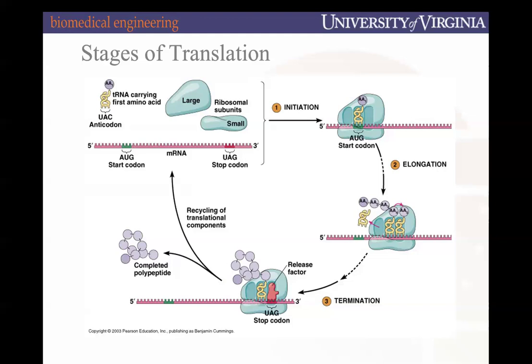So for the stages of translation, we talked about the different species of RNA. Sorry, I said amino acids, forgive me. We talked about the 3 different species of RNA. All 3 species are going to be present and acting during translation. So at the beginning of translation, we're going to have a transfer RNA that's going to be carrying an amino acid.